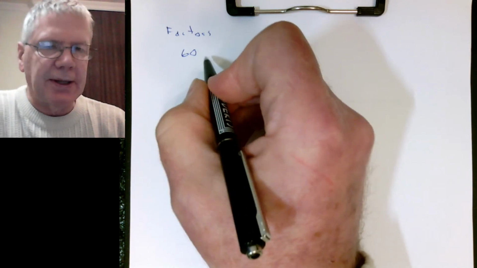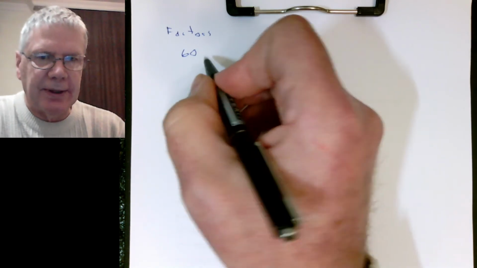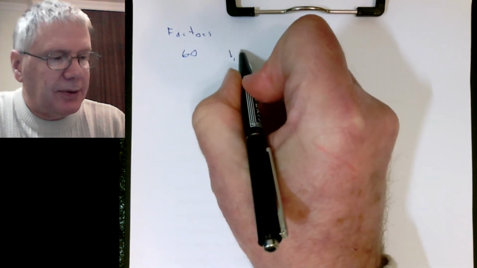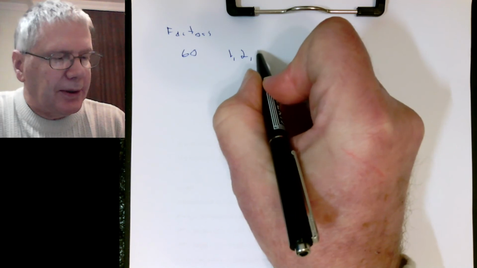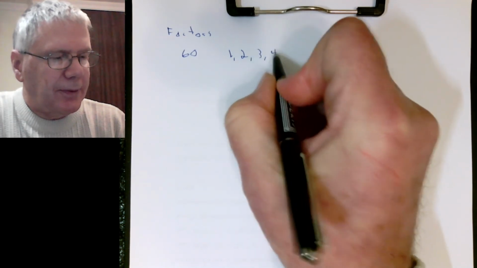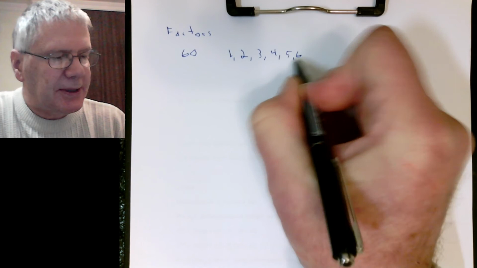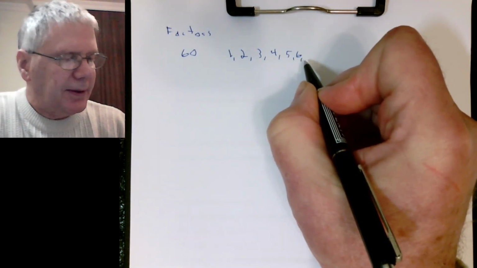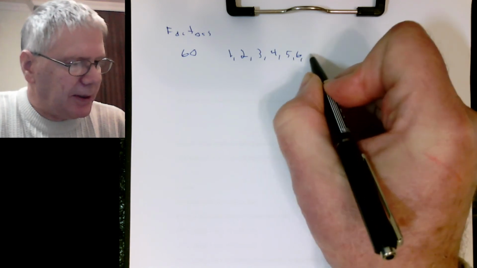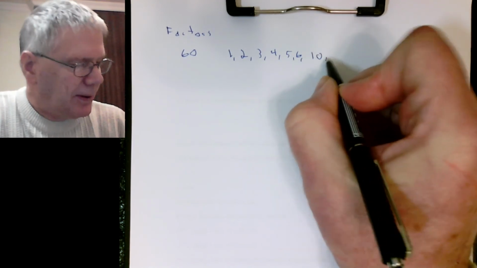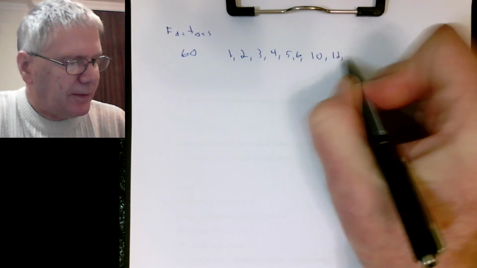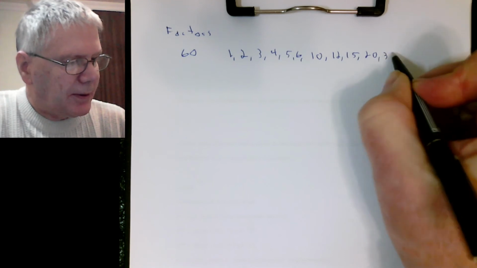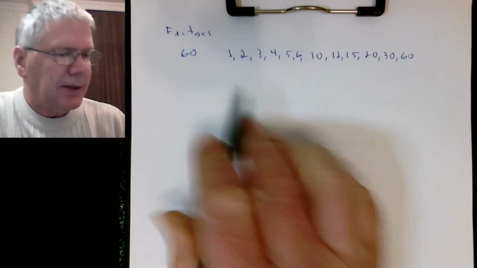This is probably getting to the borderline size of the number I would list them for, but 1 goes into that, 2 goes into that, 3, 4, 5, 6, the next one would be 10, and then 12, 15, 20, 30, and 60. I should have 12 factors.